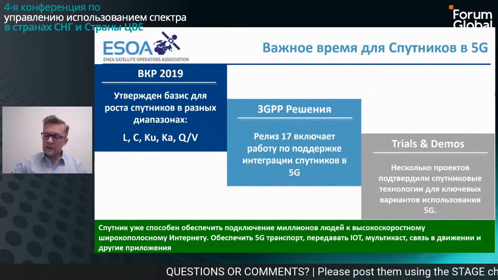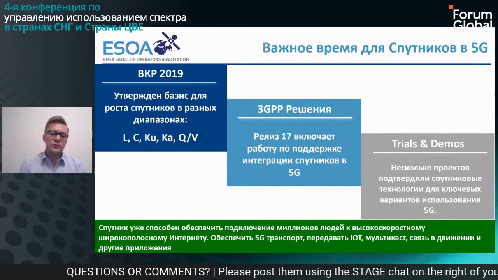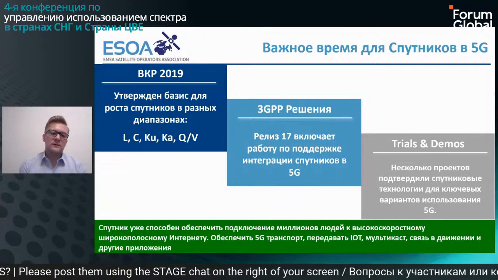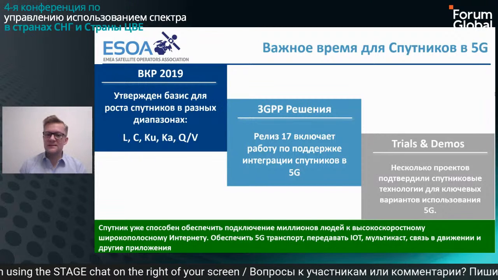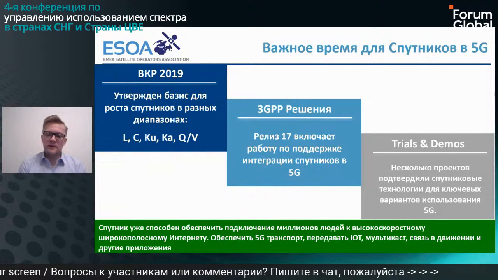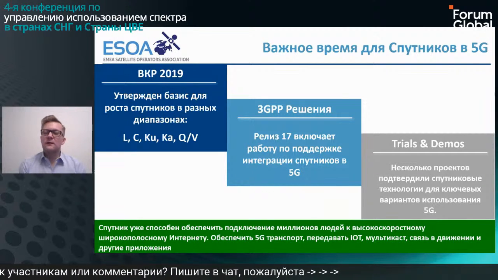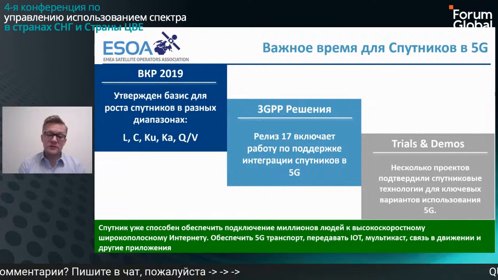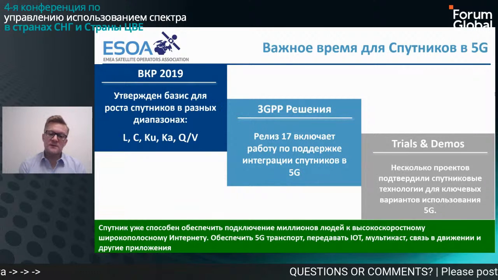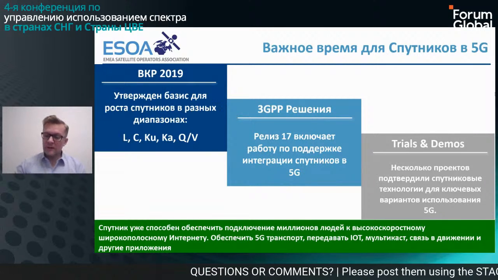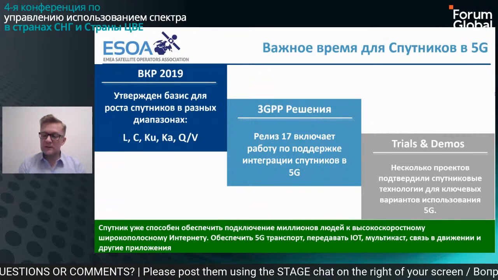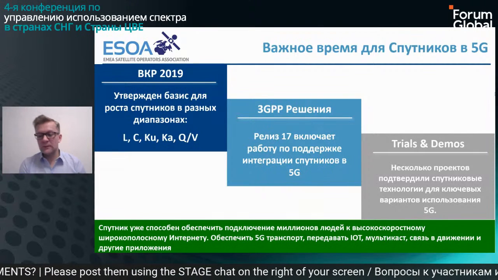Основа для роста спутников в различных диапазонах была заложена в том числе на ВКР-2019. Она обусловлена решениями 3GPP, и в качестве демонстрации и трайлов уже сегодня достаточно ярко показывает важную роль и место спутниковой связи в развитии миллиметрового диапазона. Одной из ключевых задач ВКР-19 было определение дополнительного спектра для МТ в полосах миллиметровых волн.